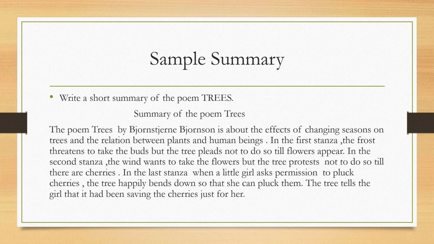But here we will just get the text. If you get just the first stanza and you are asked to write the summary of the first stanza, you will just write the main point, and maybe because it is just five lines, you could just write 2 to 3 sentences.